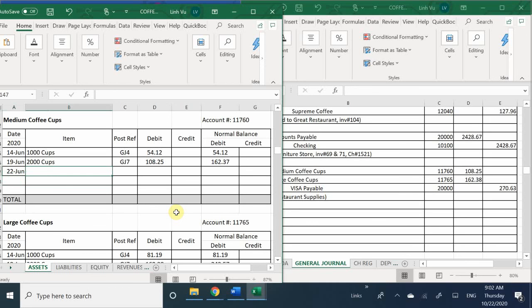And then let me see. We bought 2,000 cups. General Journal 11. Good. And debit 108.25.